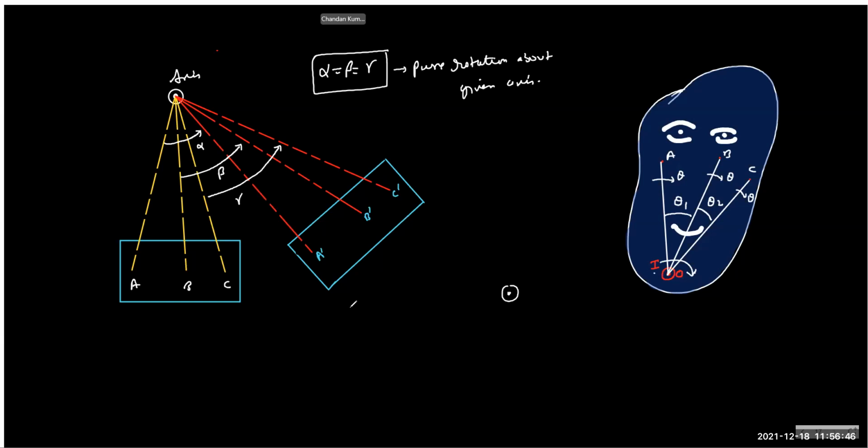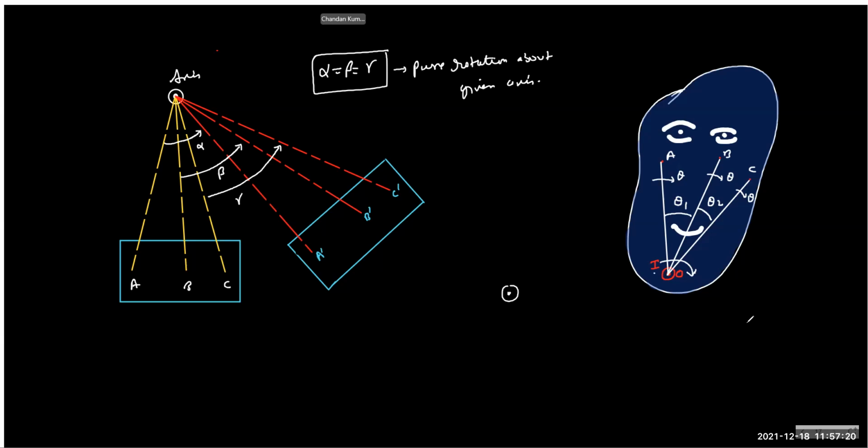So the thumb rule says that if the axis is part of the body, then the motion observed from that axis is bound to be pure rotation. But if the axis is not part of the body, then the body may or may not perform pure rotation. So there are two possibilities which you need to remember. I hope this is clear.